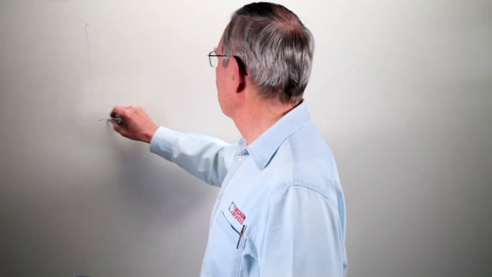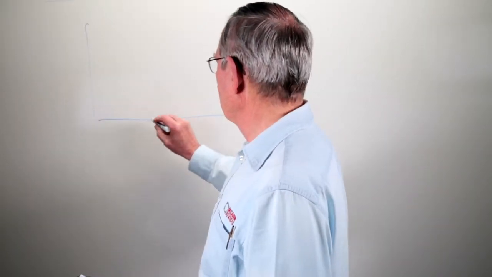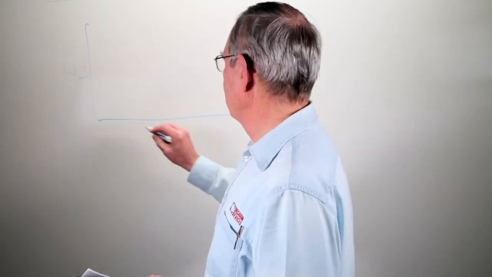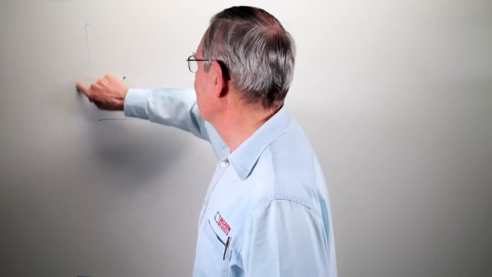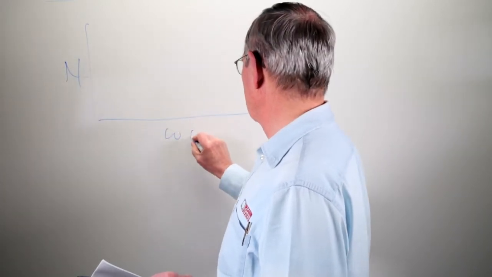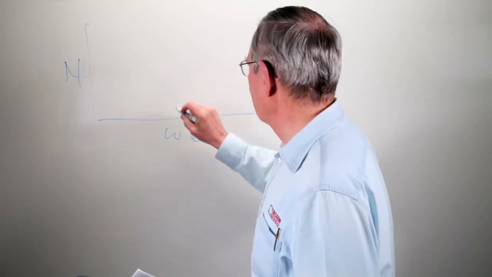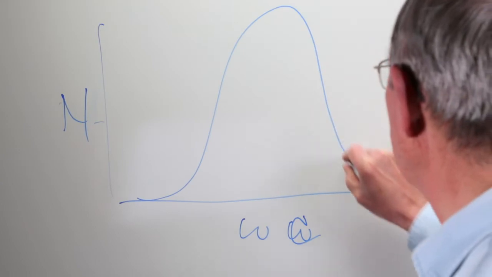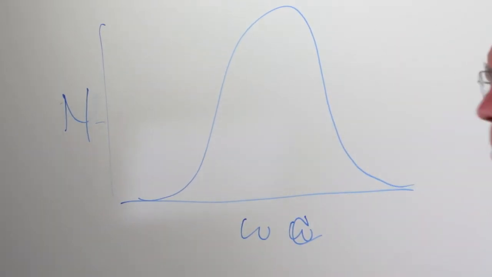If we were to collect many samples of water content from a field and we were to plot the number of samples versus the water content of the samples, we would obtain a relationship something like this.